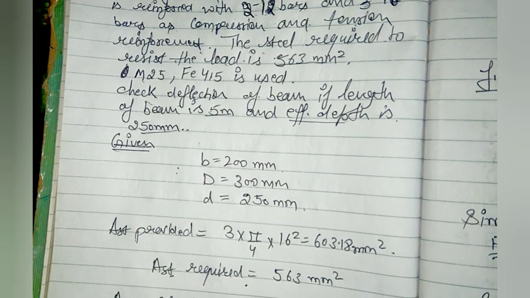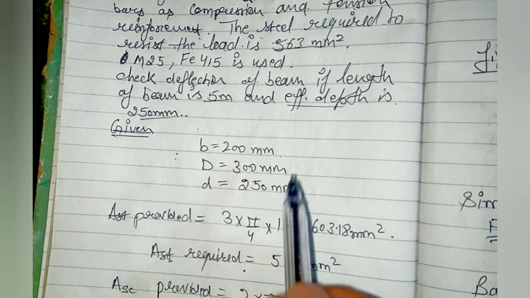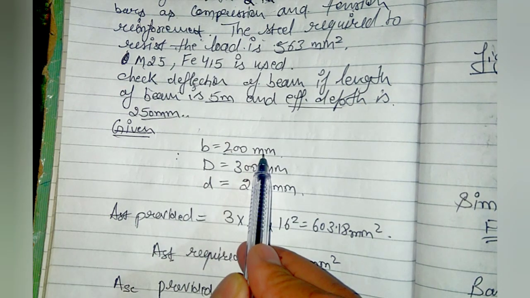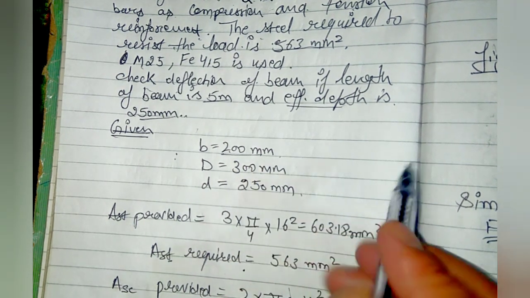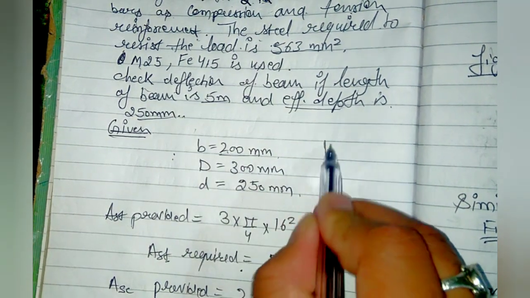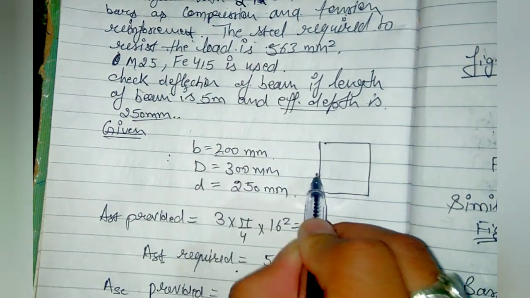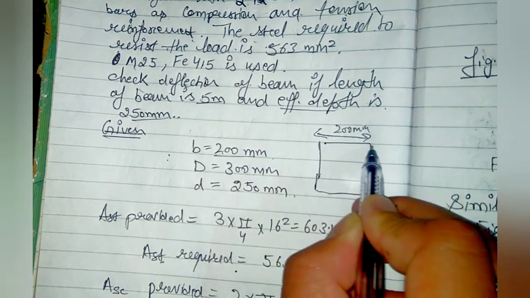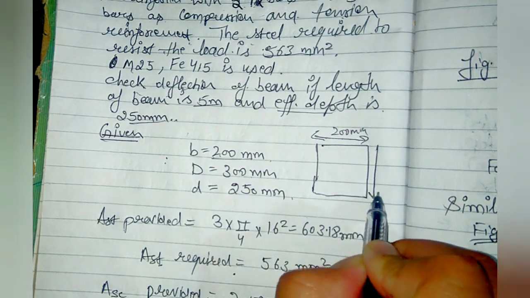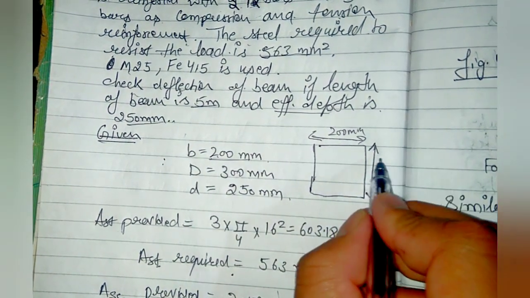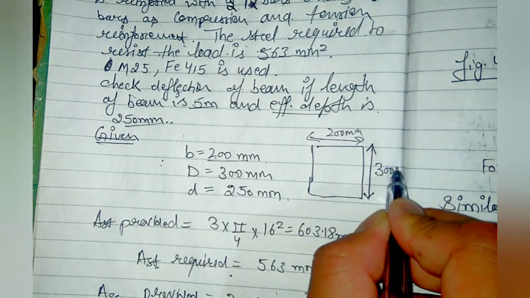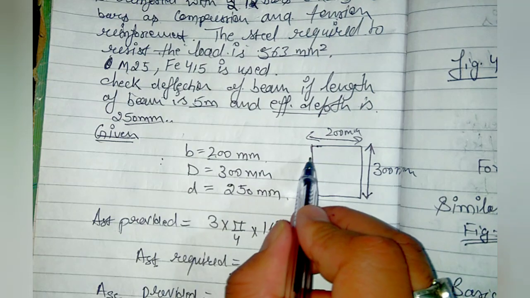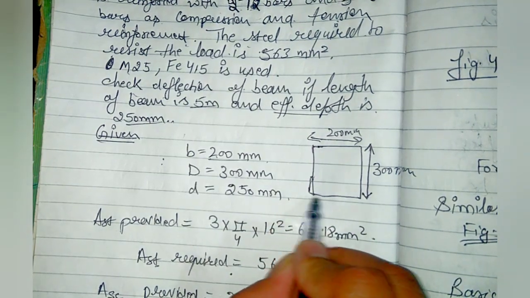In the given problem, the width of the beam is 200 mm and the overall depth is 300 mm. If this is the beam section, this is 200 mm and this is the overall depth, 300 mm. We are also provided with the effective depth.